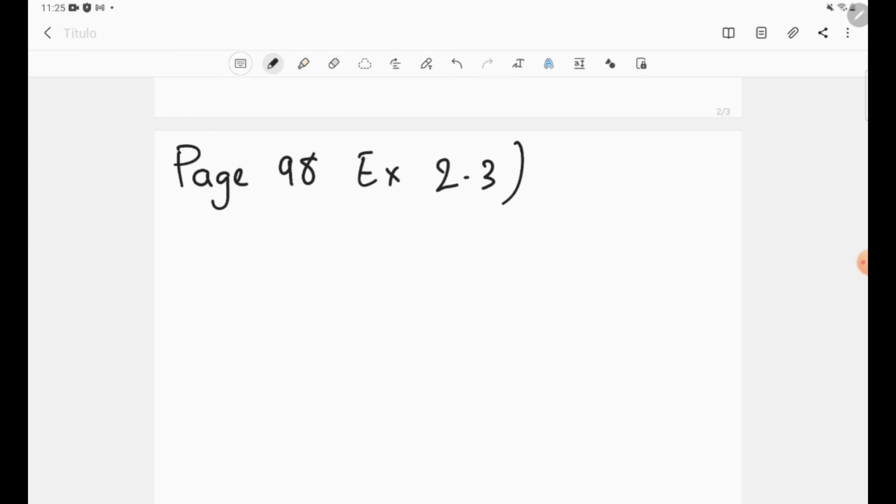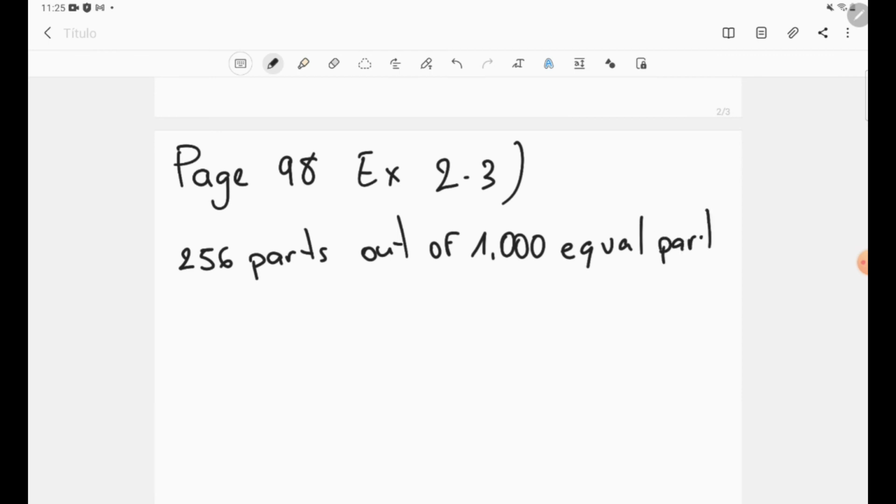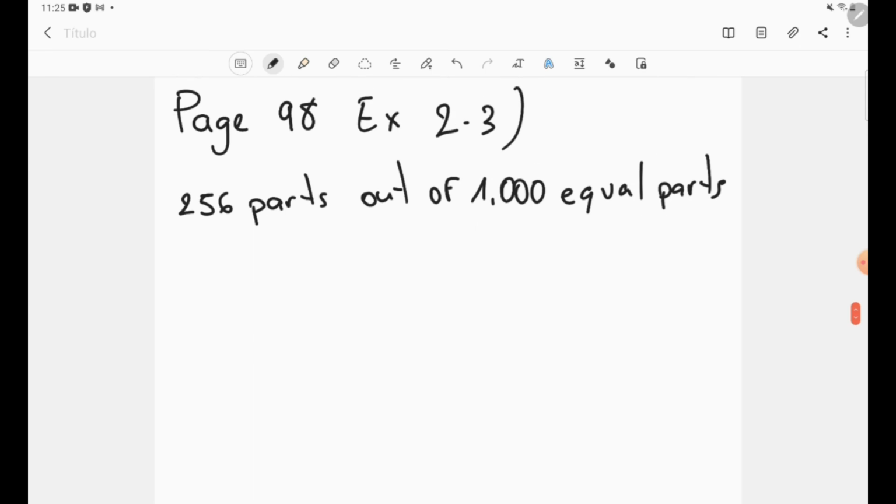Okay, 2, 3. This exercise says 256 parts out of 1000 equal parts. Okay, so it's talking about 1000.